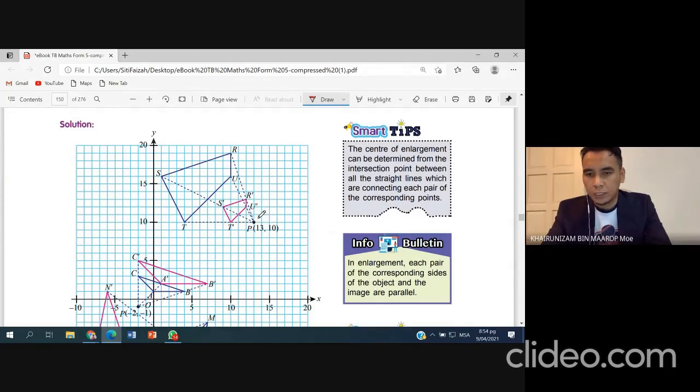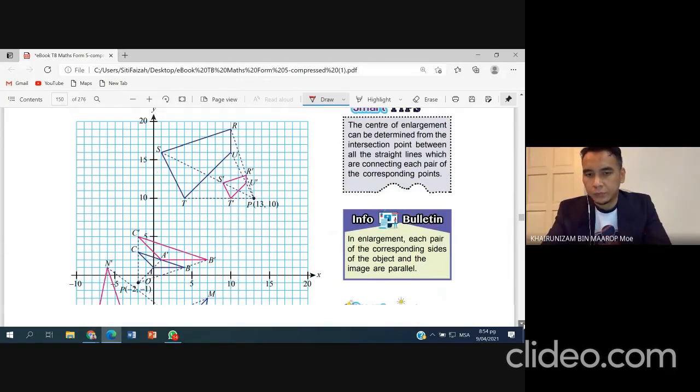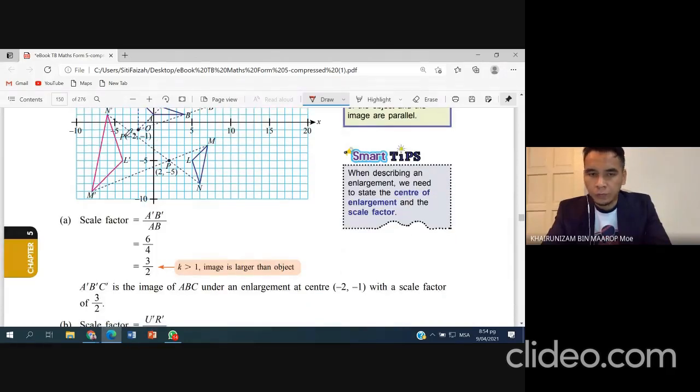So this is the center of enlargement. Okay, if you look at this one, the image and the object are at opposite sides. So you must do like this. If you find the cross or the intersection, that is the center of enlargement.